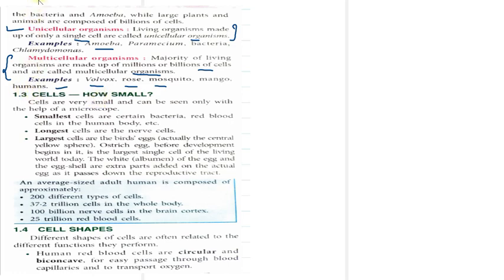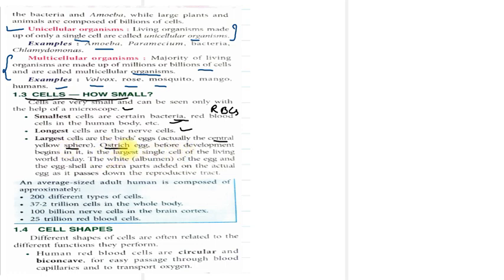Now we will discuss the size of the cells, how small and how big they are. Cells are very small and can be seen with the help of a microscope. Examples of the smallest cells are bacteria and red blood cells, RBCs, as you know, in our blood, right? The longest cells are our nerve cells. The largest cell is the bird egg, that is, the central yellow sphere of these eggs.